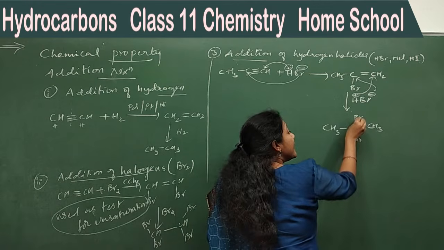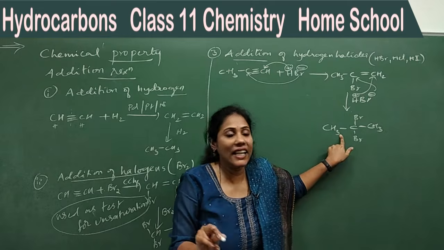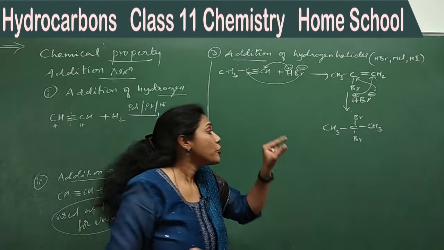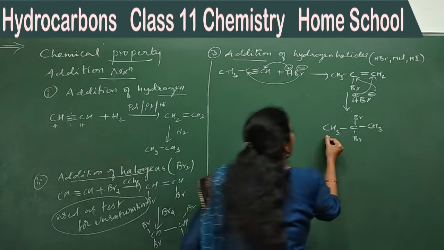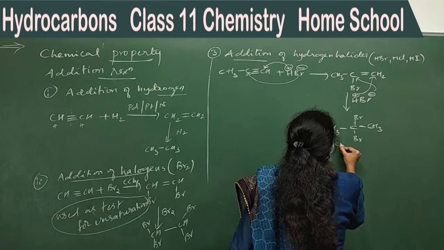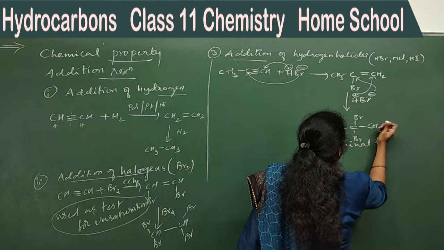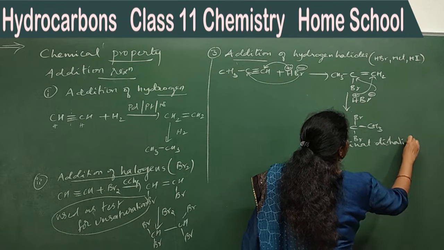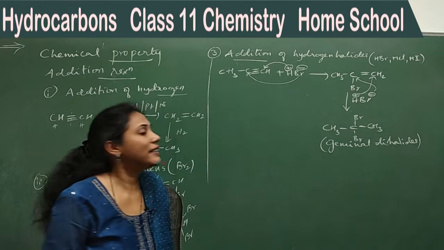So you will get dihalides. And look here, this is not a vicinal dihalide. Both halogens are attached to the same carbon. This type of dihalide is called a geminal dihalide. If two halogens are attached to the same carbon, it is called a geminal dihalide.